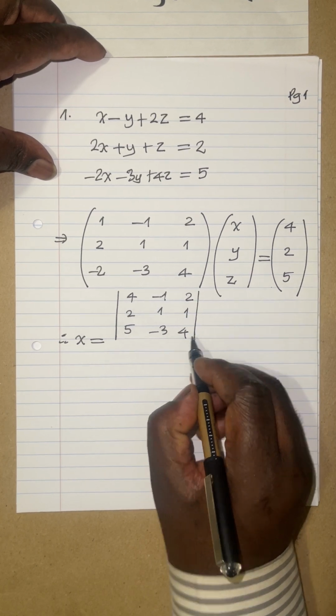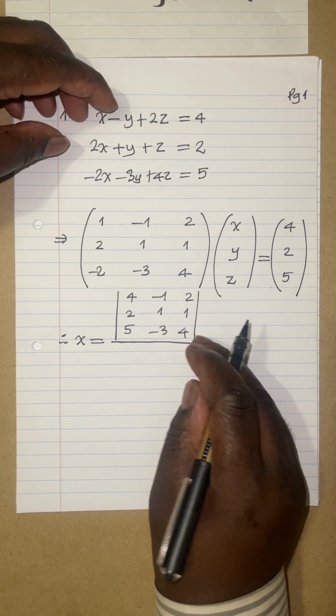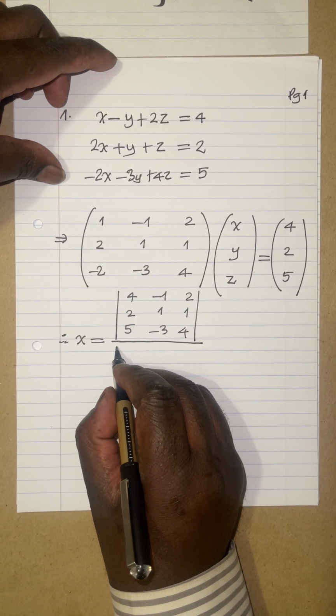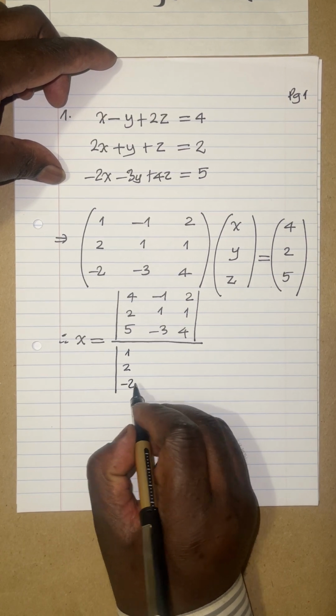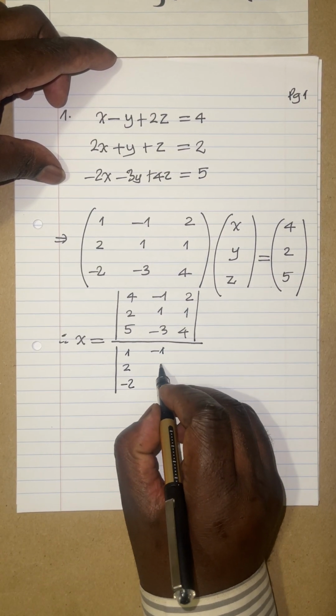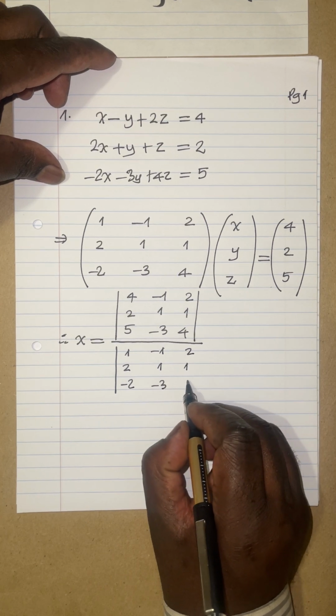The determinant of that divided by the determinant of the coefficient matrix, which is the determinant of 1, 2, minus 2, then minus 1, 1, minus 3, and finally 2, 1, 4.